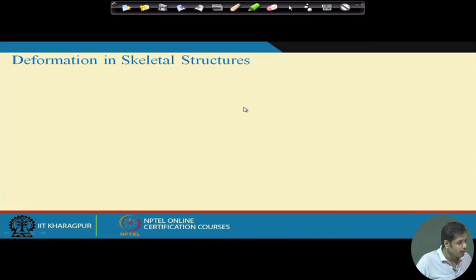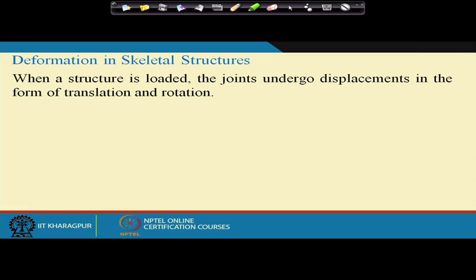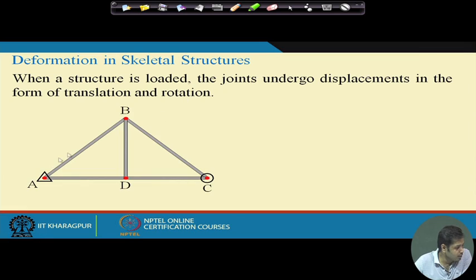Now, when a skeletal structure is loaded, the joints undergo displacements either in the form of translation or in the form of rotation, because that is the degrees of freedom a joint can have. Just to make it clearer, suppose there is a truss here.